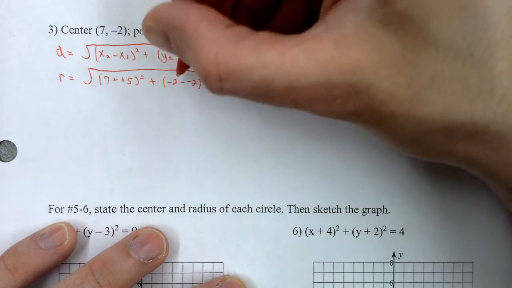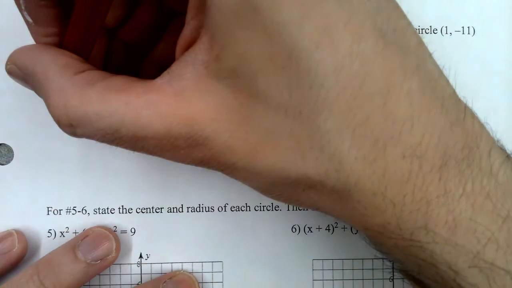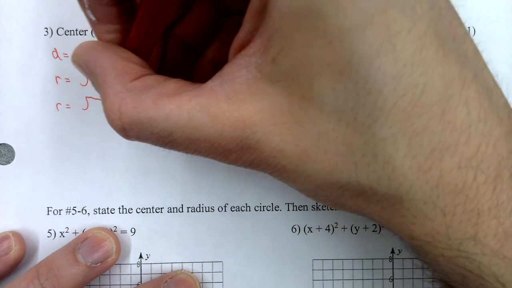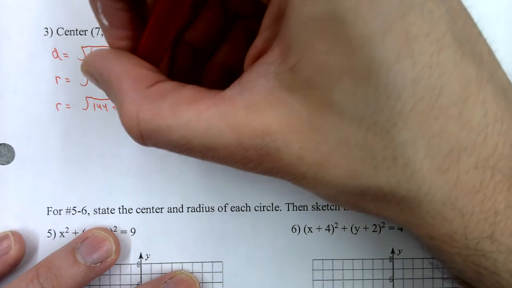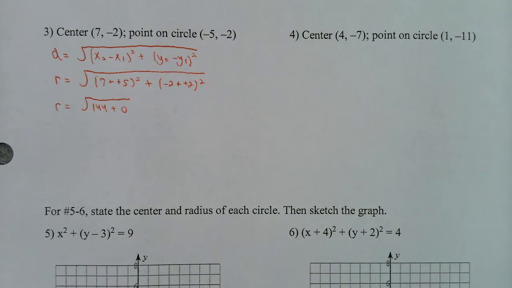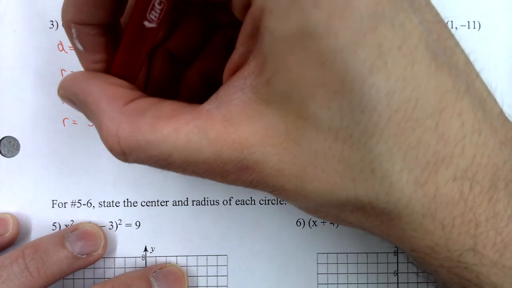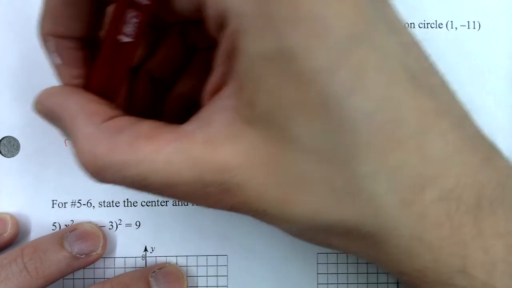So it's going to be 12 squared. 7 plus 5 is 12. 12 squared is 144. Plus 0, because negative 2 plus 2 is 0, and 0 squared is 0. So the radius equals square root of 144, means the radius equals 12.